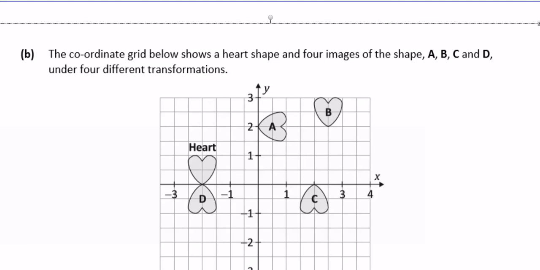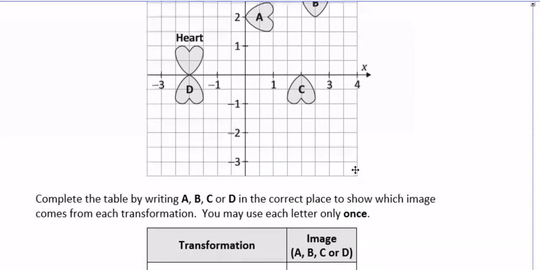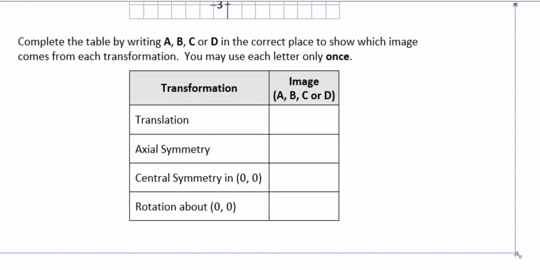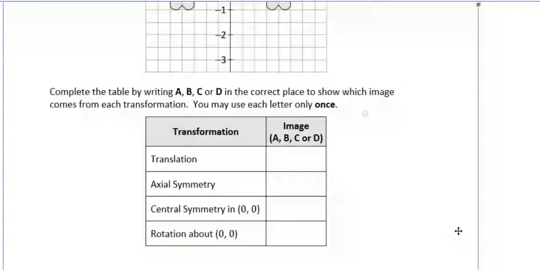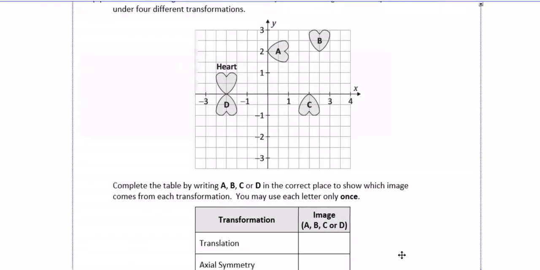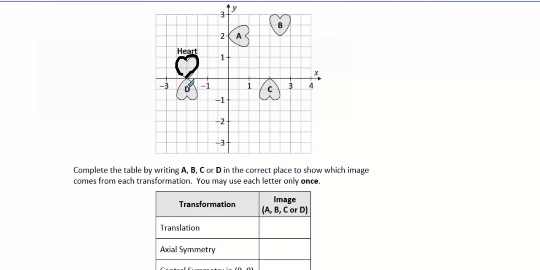Next question. We have hearts on a coordinate diagram. We have A, B, C, D, and E. Okay, no bother. But write the table, which one's a translation and which one's the original one is what we need to find out. The thing about translations is that translations don't change the shape of the object.